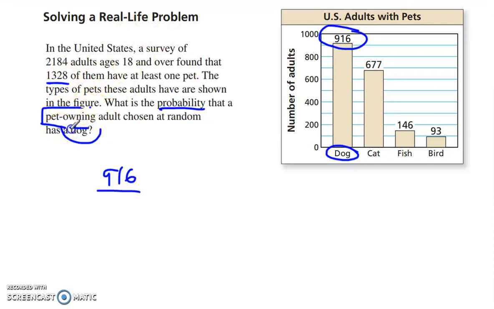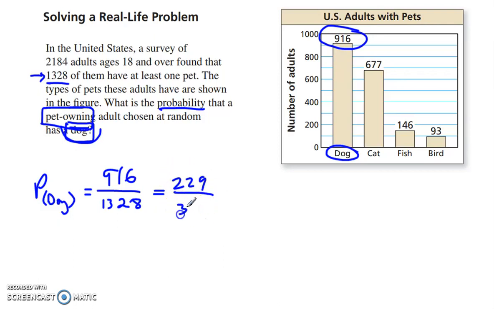They're asking pet owning, and how many of those have a dog. So pet owning means these right here, so that's 1328. That's the probability of pet owning people having a dog. And that can be simplified down to 229 out of 332, or approximately 0.690, which is 69%. The probability of a pet owner in this having a dog is approximately 69%.